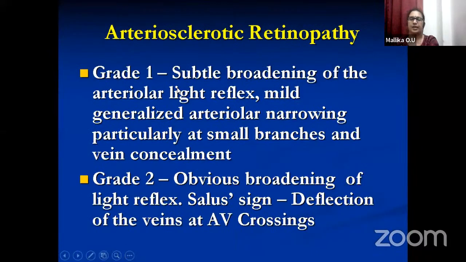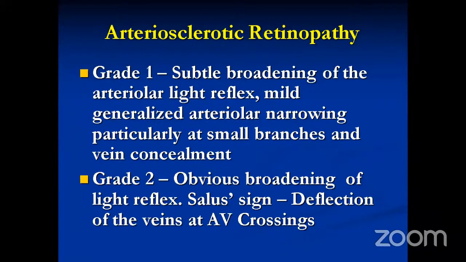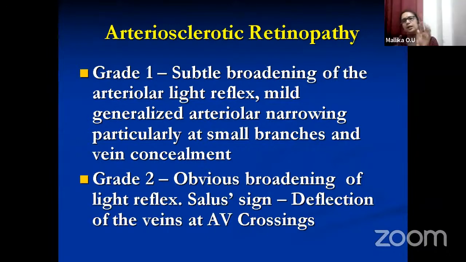And if there is an arteriosclerotic retinopathy along with that, there occur some AV crossing changes. So in the initial stage, I told you the veins are lying underneath the arteries. So whenever the veins are crossed by a thickened artery, first, if the arteries are transparent or not sclerosed, you can see the veins through the arteries.